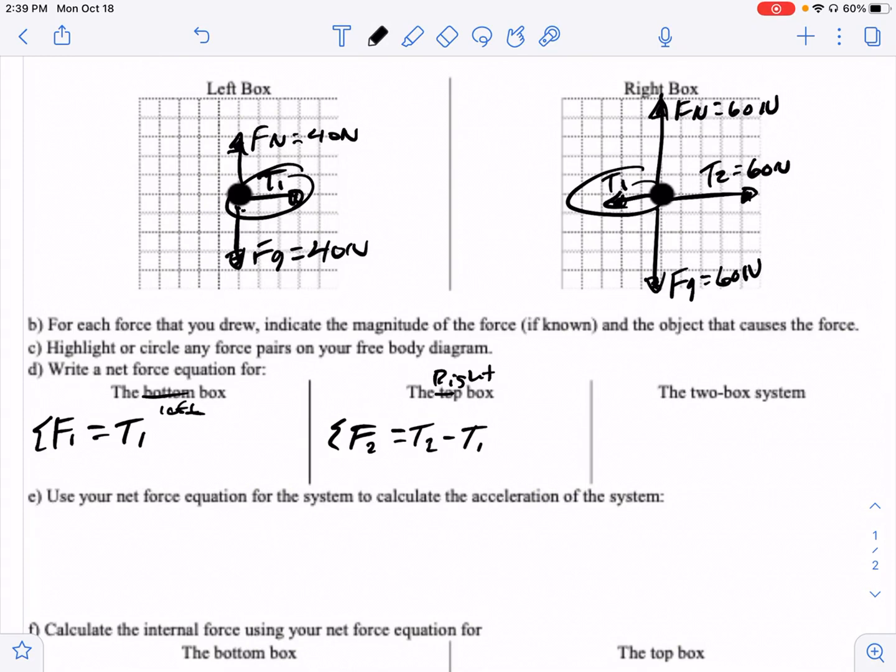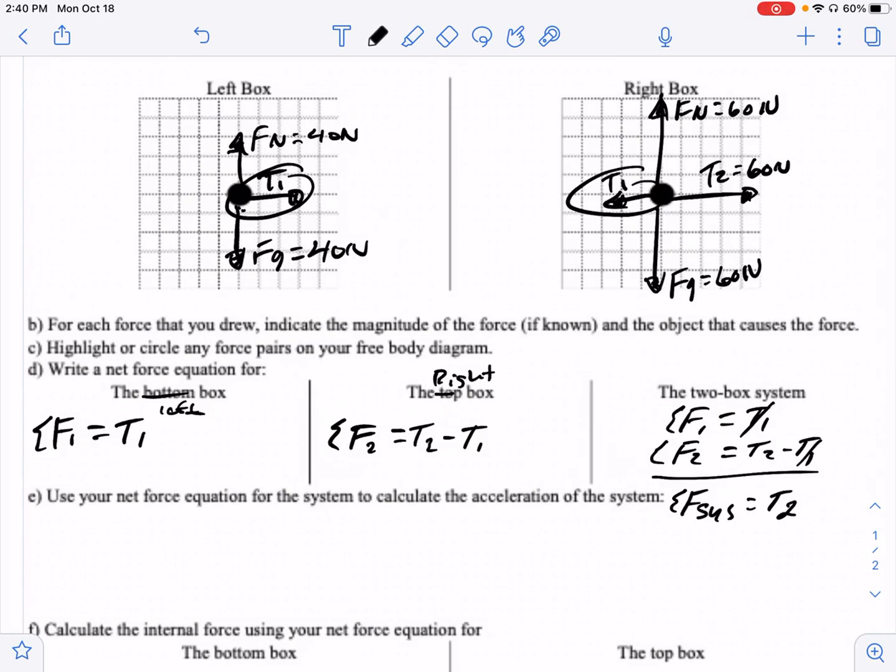And then to find the net force for the system, remember we just add those for our system of equations. So we have net force on box 1 is equal to T1, net force for box 2, T2 minus T1. So the net force for my system of two objects is going to equal T2.